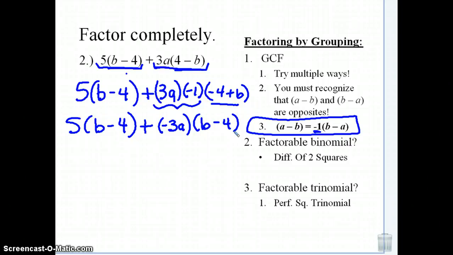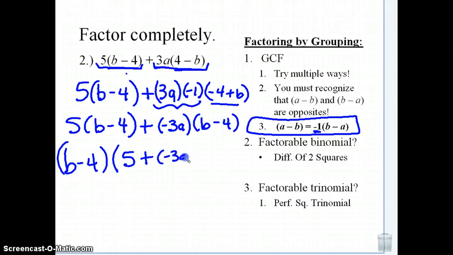Not too bad? Good. What do I do next? Sam? Very nice. So b minus 4, you're left over with 5 plus -3a. I'm not wild about double signs.